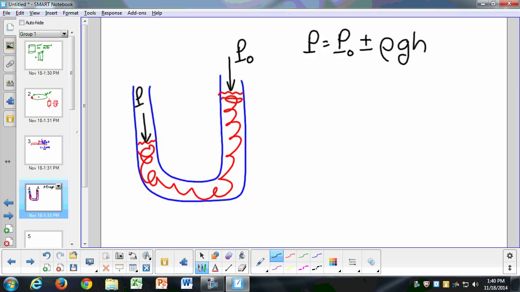So you could have a question, and I have questions like this in some of the old tests, just asking you to compare P and P naught. Is P bigger than P naught, or is P smaller than P naught? In this scenario, P is bigger than P naught, right? Because this bigger force is pushing this liquid down into the column and pushing it up over on this side.